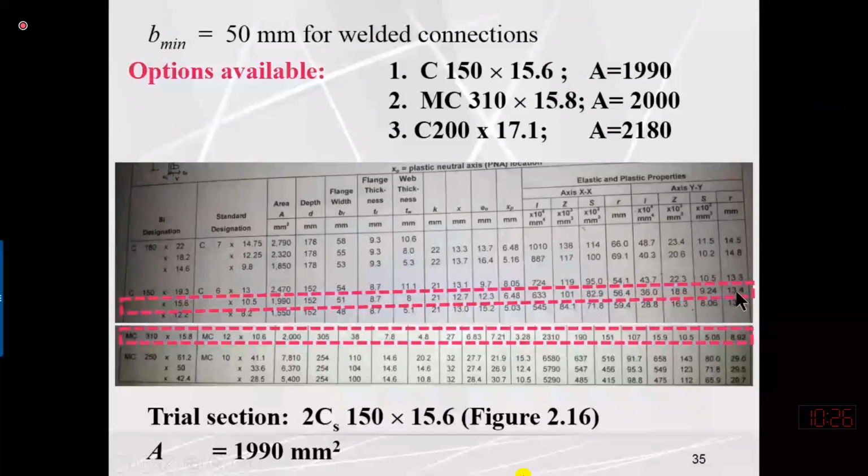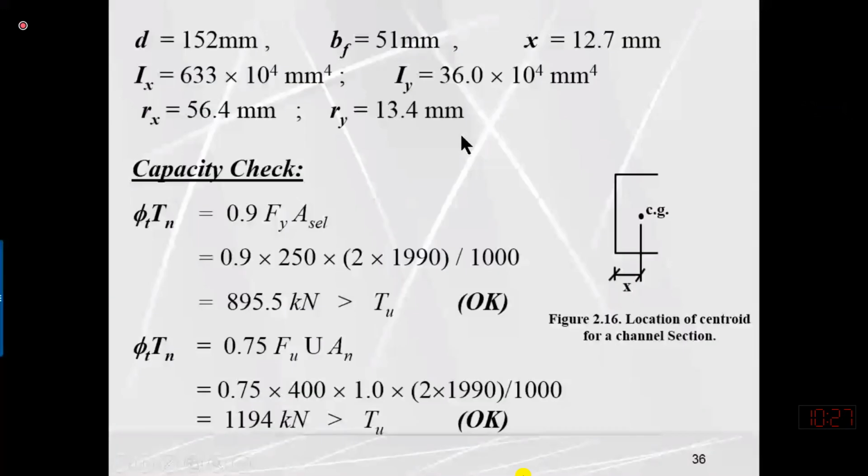So that's why we are making a built-up section, so that we make Ry the same as Rx. We might need the moment of inertia about y-axis, which is 36 into 10 to the power 4. So here I have written all the required properties that I may require, Ix, Iy also.